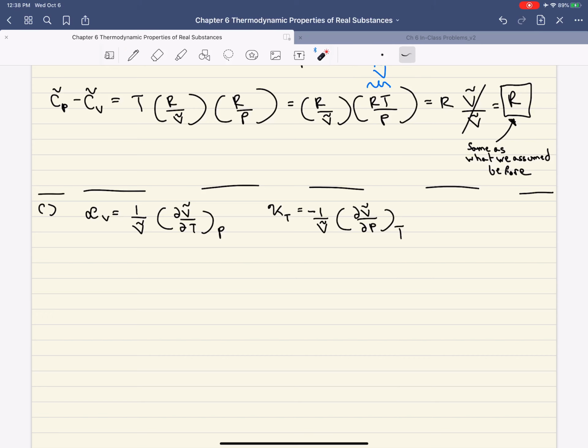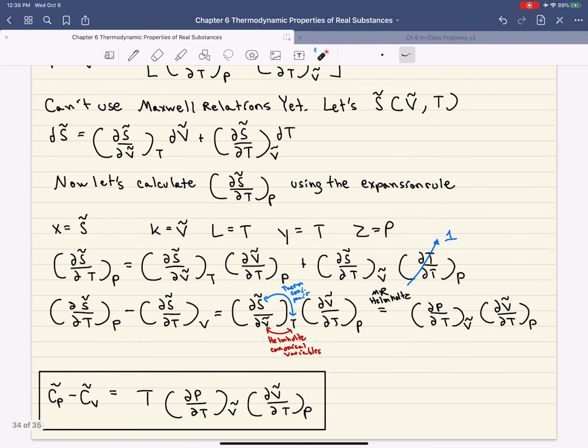Right, so this one has a dV/dT at constant P in there. This one has a dV/dP at constant T. But if we take a look at our equation here, we do have a dV/dT there, right? So we can immediately tell that's going to be related to our alpha V. But here we have a dP/dT at constant V, right? So that's not directly in terms of either alpha or kappa.